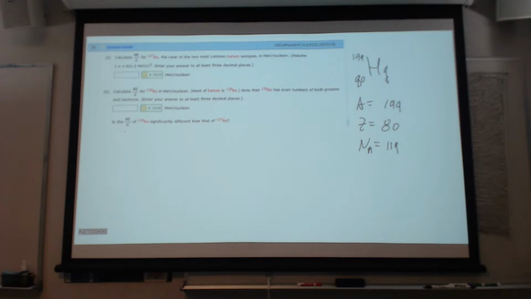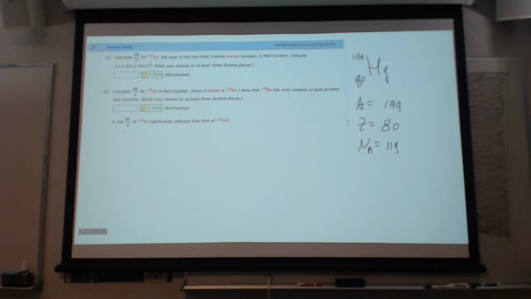All right. And what values did you use for the mass of a proton, neutron? I use the ones on equation sheet 3. Would you like me to read them out?